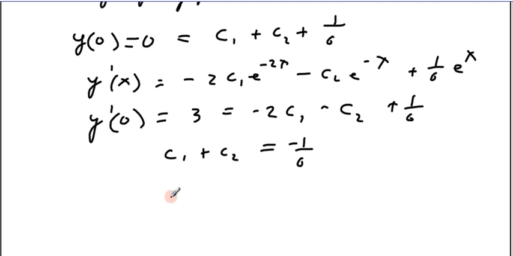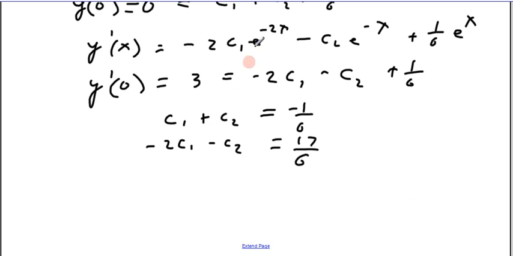And the second one is minus 2C1 minus C2 is equal to, okay, so that would be 18, that'd be 17 over 6. Okay, well that looks good.